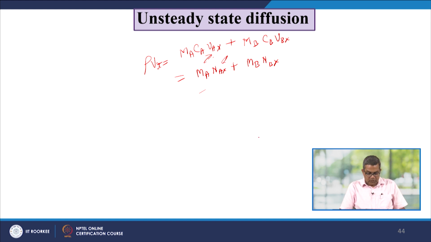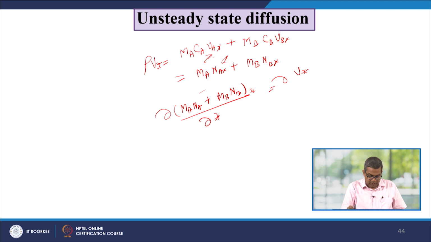If we substitute, it can become MA NA plus MB NB over del x is equal to del Vx over del x plus Vx del rho over del x. This is equation number 8.